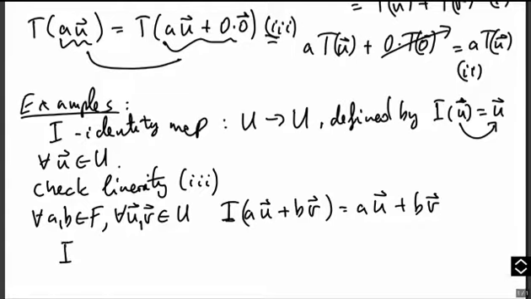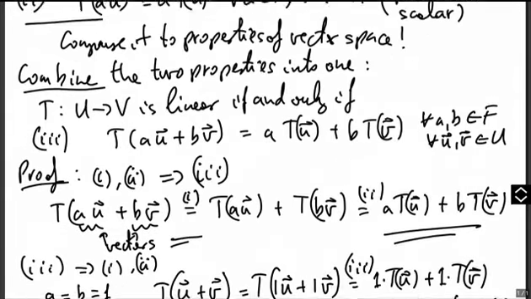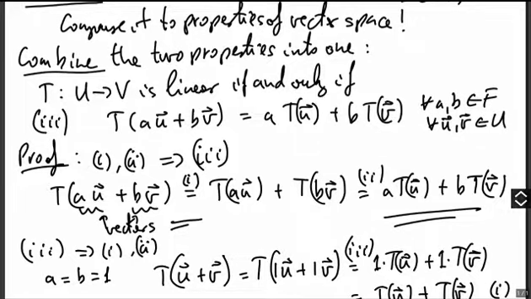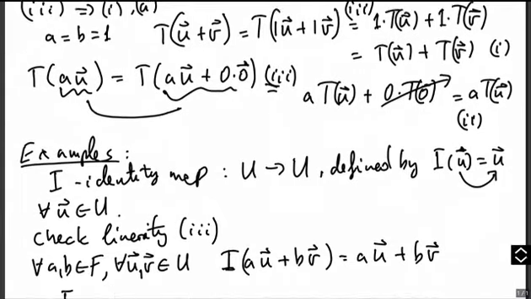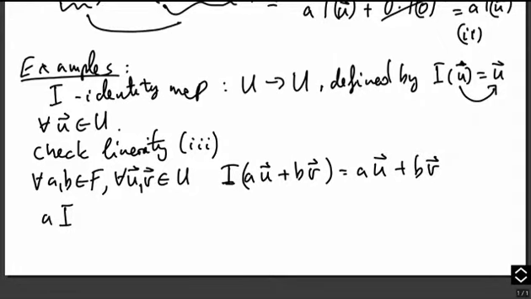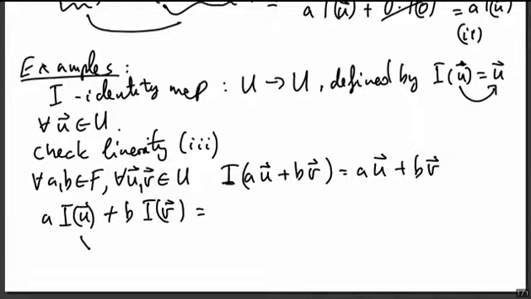Now we have to compare this to the right-hand side of the third property. So the third property says that you can have separately a times the transformation of u plus b times the transformation of v. So if you check what that is, again, the definition of the identity map is that it leaves the vector alone, so that means that this will be au plus bv.